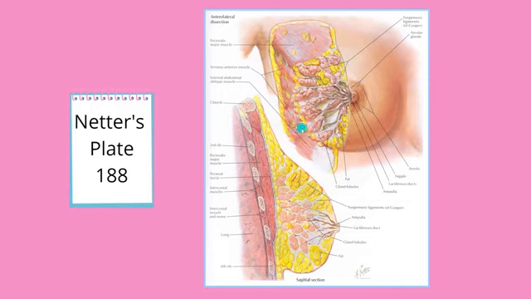Those are fibrous septa, which extend from the fascia of the pectoralis major. The breast covers pectoralis major, so it extends from the fascia of this muscle to the skin. This is known as the suspensory or Cooper's ligament, labeled right up here.